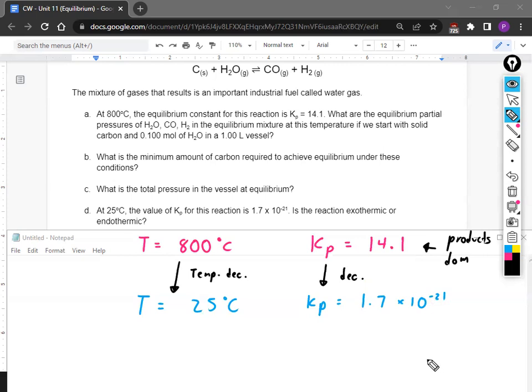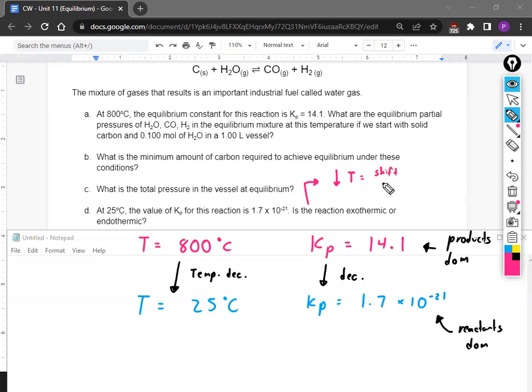But when we drop the temperature, what happens? Do we have more products or reactants? We're going to have a lot more reactants when you decrease the temperature. So the assumption we can make is that when you decrease the temperature, equilibrium shifts to the left.